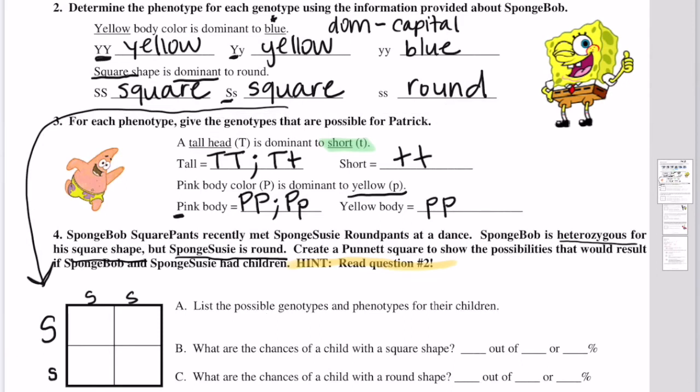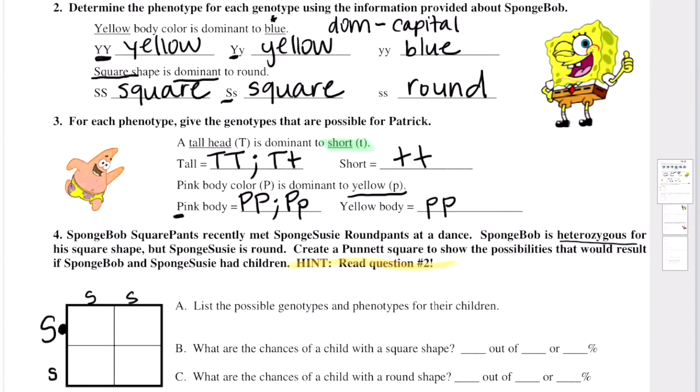Okay, so let's go back to our Punnett square. In order to do this, you are going to essentially multiply by this. And together, that would make this big S, little s. And again, multiply this by this one. And that would give you little s, little s. Let's try this box.